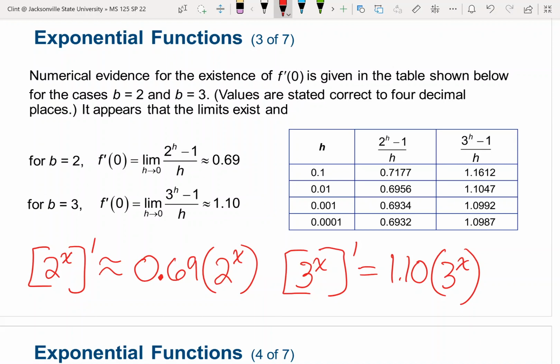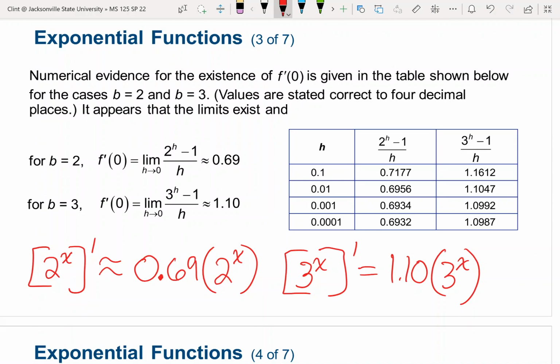You know any famous numbers that are somewhere between 2 and 3? I mean, really famous. E, yeah. So pi might come to mind. Pi is a really famous number. Oh, it's too big, because 3 is too big.